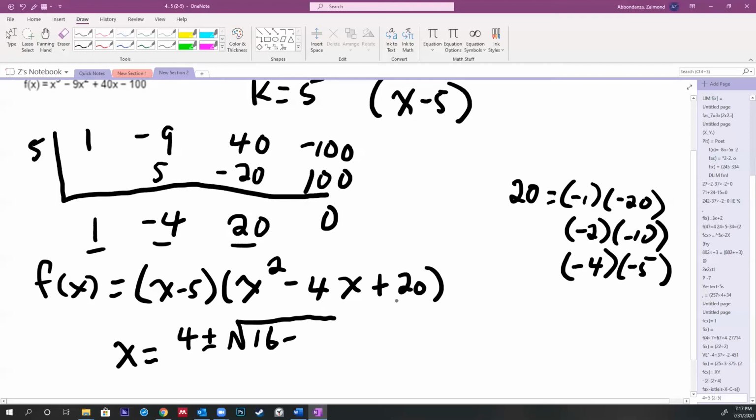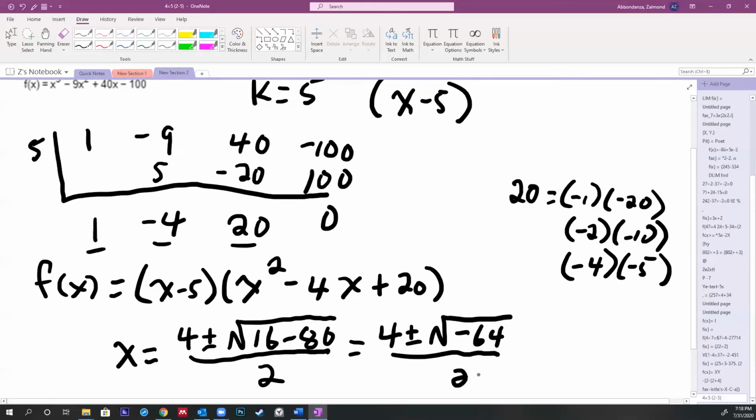So 4 times 1 is 4, 4 times 20 is 80, over 2a, so 2 times 1 is 2. Okay, so we have 4 plus or minus the square root of 16 minus 80, which is -64, over 2.